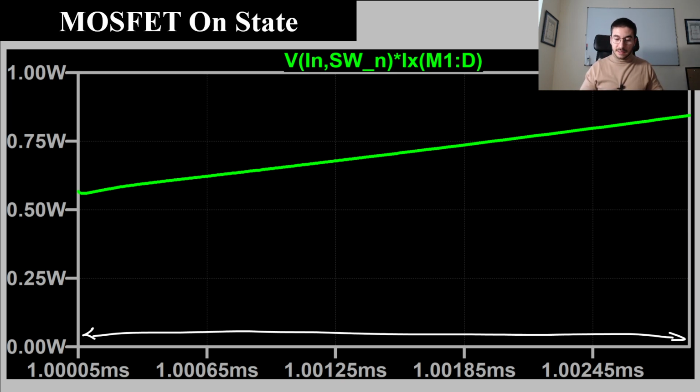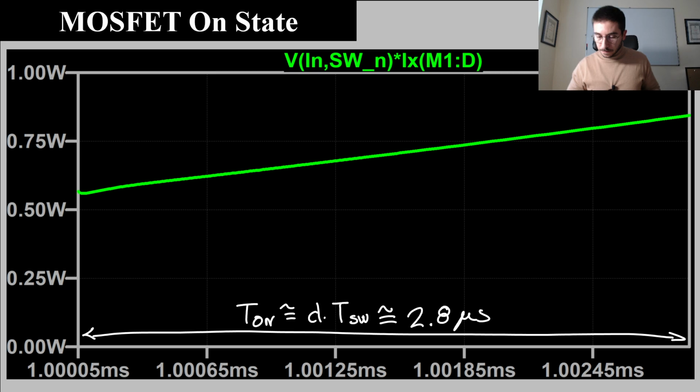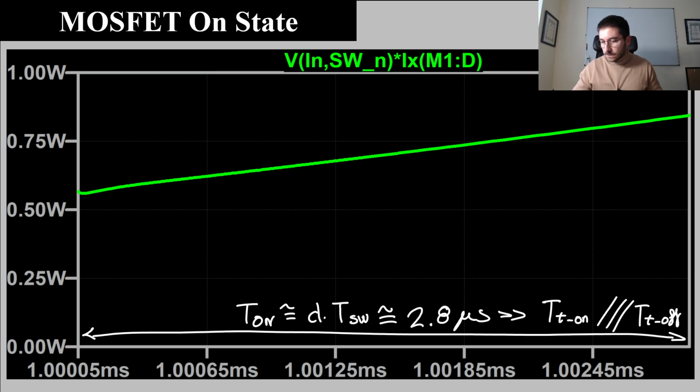Note that this state is T on, which is D times the switching period, more or less in our case, which is around 2.8 microseconds. So it is much higher than the turn on or the turn off. It's true that the instantaneous power amplitude is much smaller, but the time is much higher.